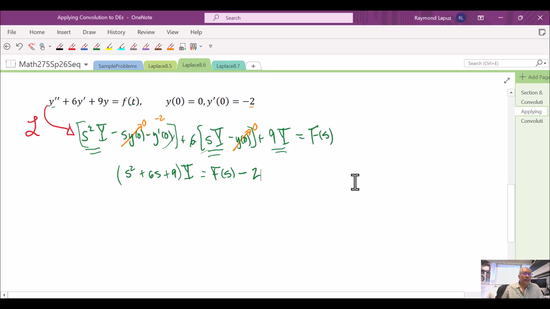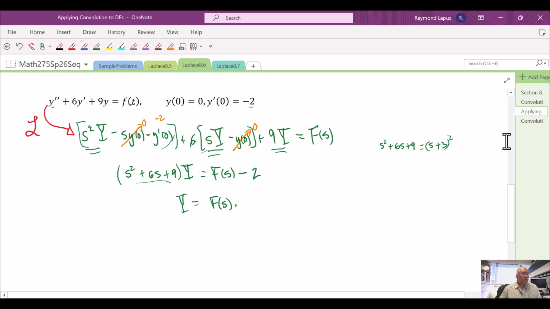And then let us see what we can do here. Let's divide out. So then Y is equal to, this is going to be F of s, and I will put, is this thing a perfect square? It looks like it. s squared plus 6s plus 9. I think that's (s plus 3) quantity squared.